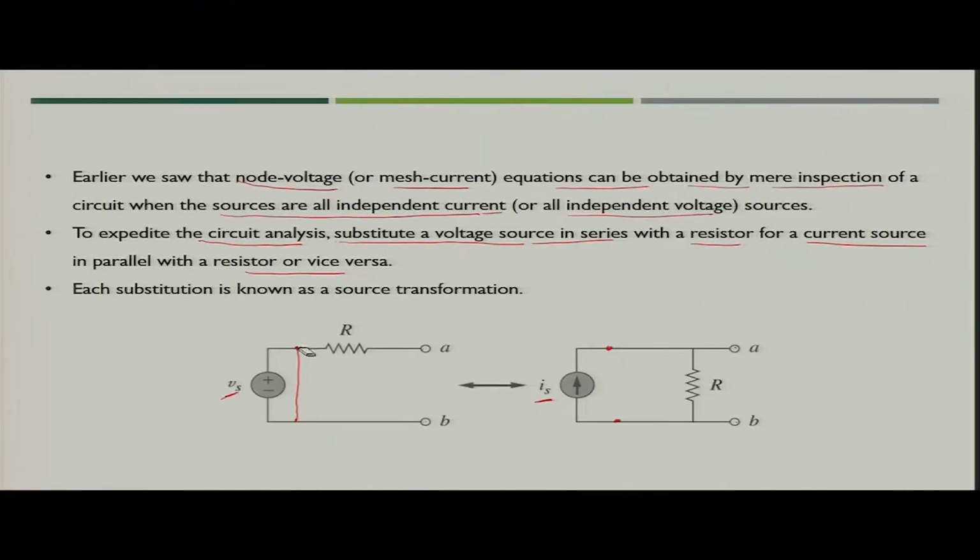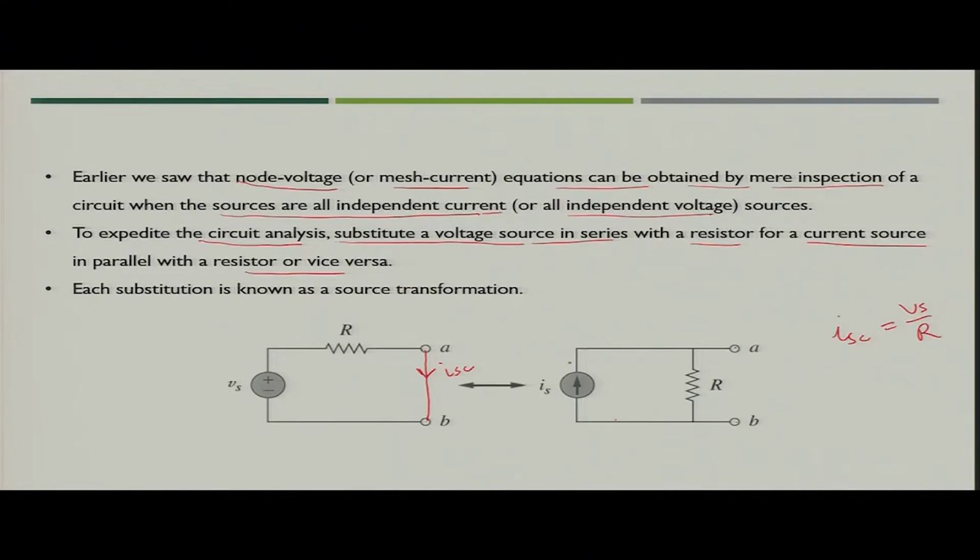The circuit is the same as it was previously, and now you have to short circuit A and B, and your objective is to find the value of this short circuit current. Suppose it is ISC, so what would be the value of ISC? ISC would be simply Vs by R.